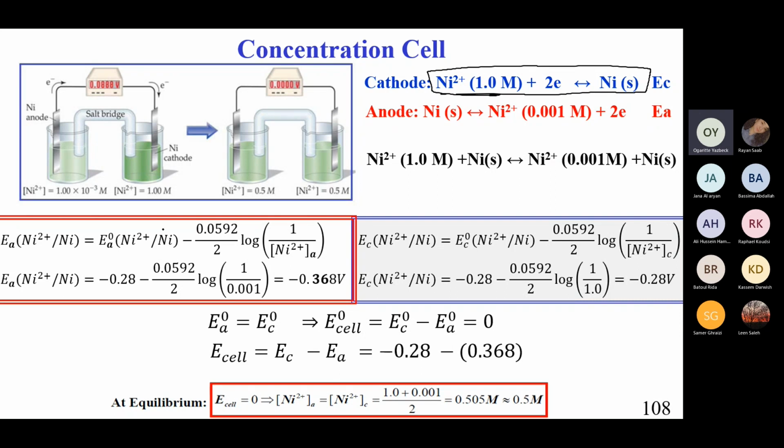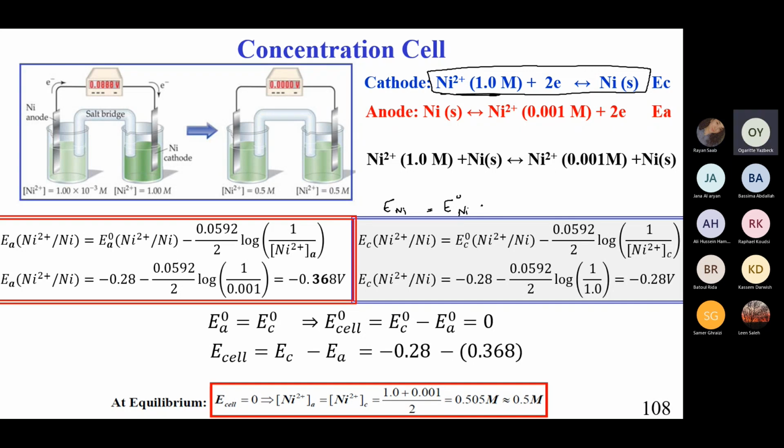So let's do E at the cathode because it's already in the form of reduction. E of the nickel couple, nickel 2 plus ox over red, equals E naught for nickel, minus 0.0592 over 2.